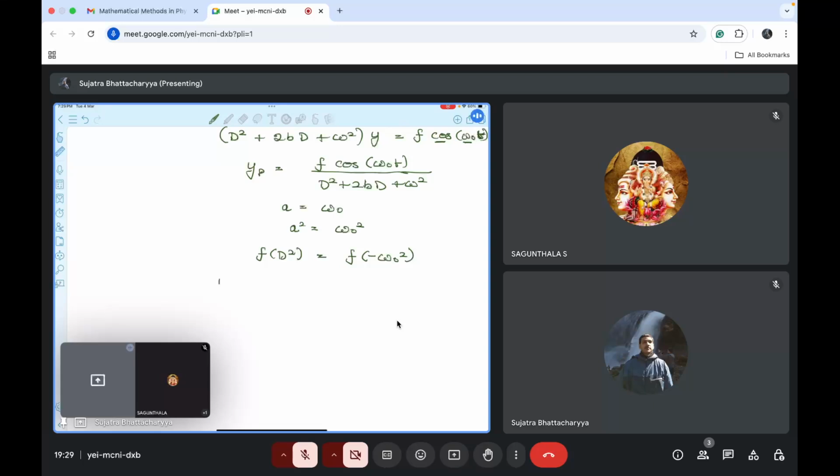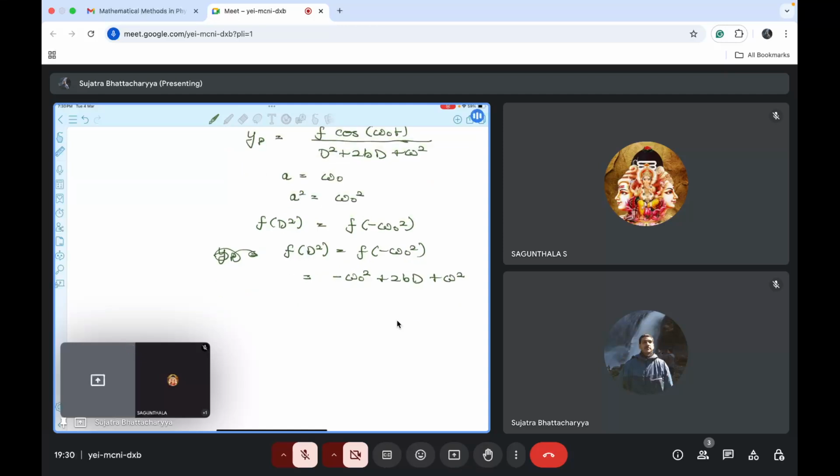So f of D square becomes minus omega naught square plus 2bD plus omega square. So f of D square becomes omega square minus omega naught square plus 2bD.